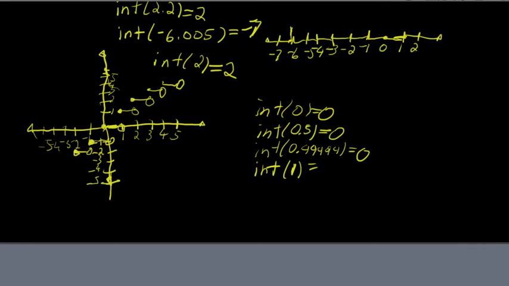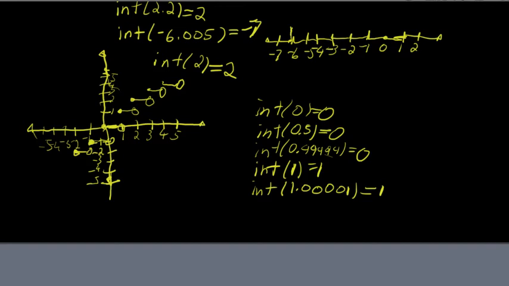The greatest integer that's either equal to 1 or smaller than 1 is 1 itself. If you went on the other side of 1, to 1.0001, the greatest integer that's either equal to 1.0001 or smaller than 1.0001 is 1. So that's why you see a filled circle.